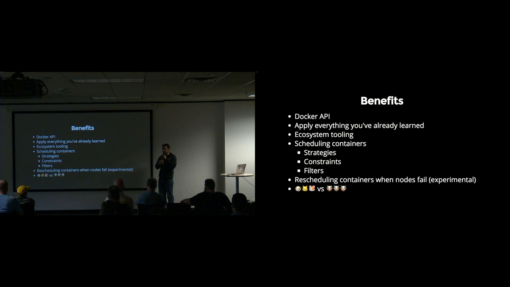It uses the same Docker command line interface. A lot of the ecosystem tooling, practically all of the ecosystem tooling, will still work with Swarm. If it worked with just a single Docker node, a single Docker host, it'll work with Swarm. In most cases, you might need to tweak it in order to take advantage of Swarm's clustering capabilities.